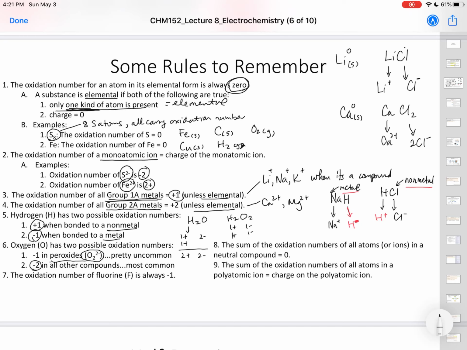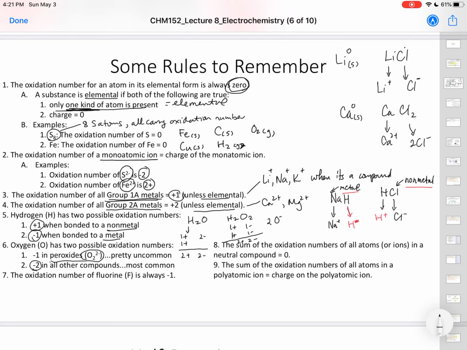So in this particular situation, each oxygen is 1 minus, or there are 2 of them, so 2 O minus. This is only for things like peroxides. And on the homework, you just have to be very careful. If you notice H2O2 or Na2O2, then you have to realize it's a peroxide. All other ones, oxygen is 2 minus.